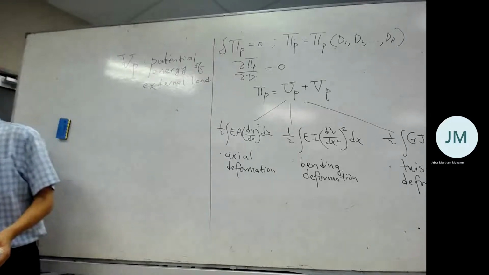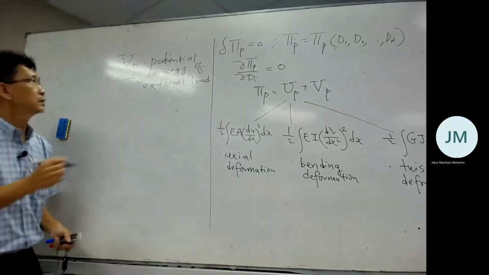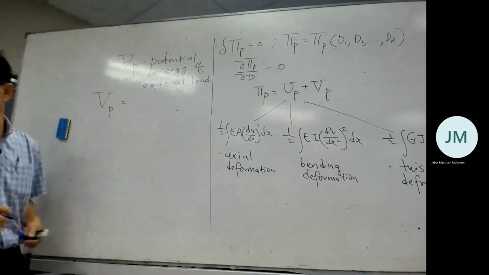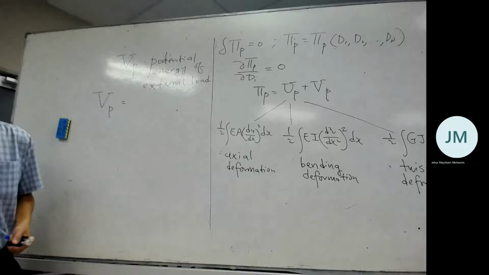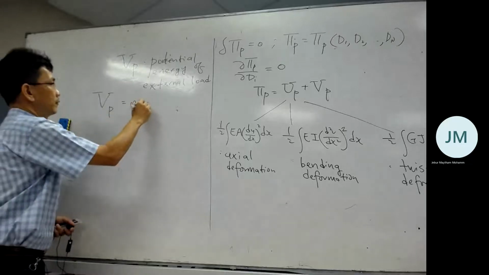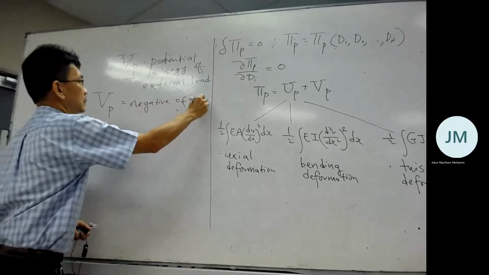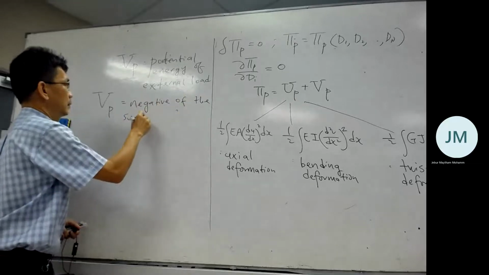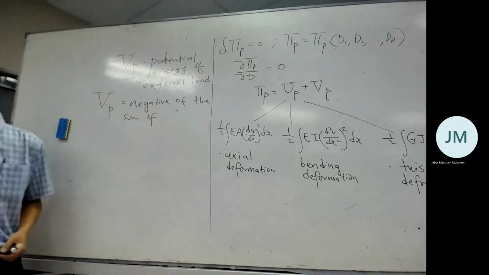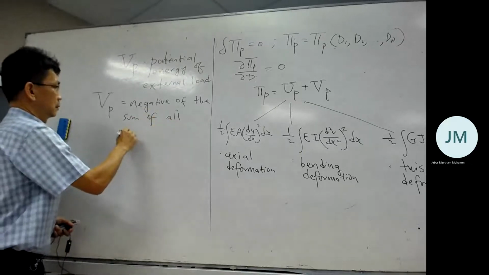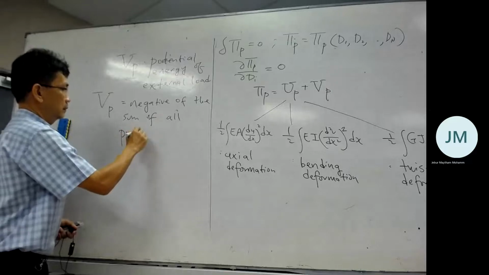And V P is equal to the negative of the sum of all products.